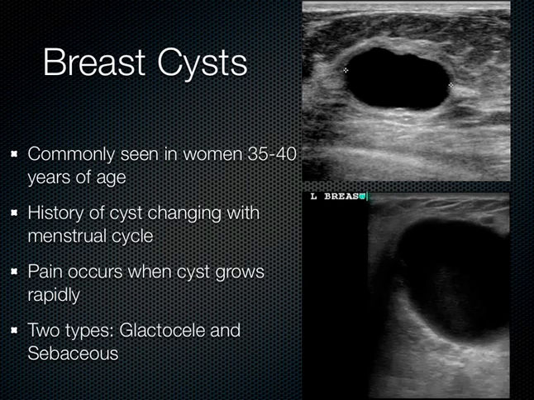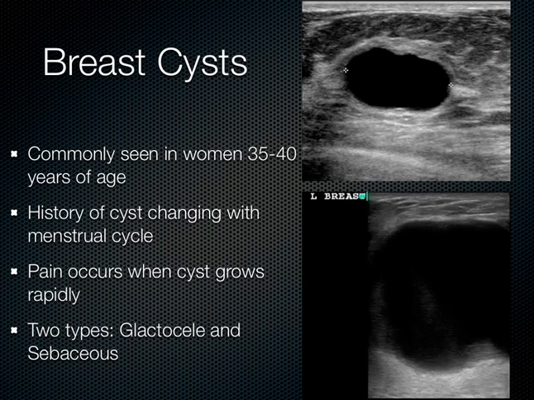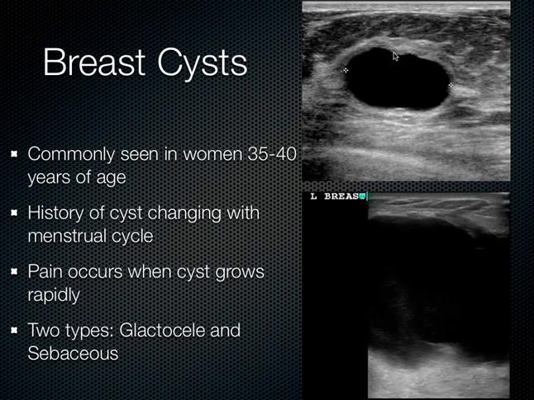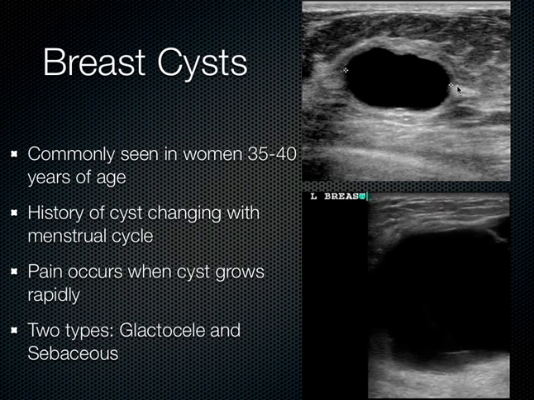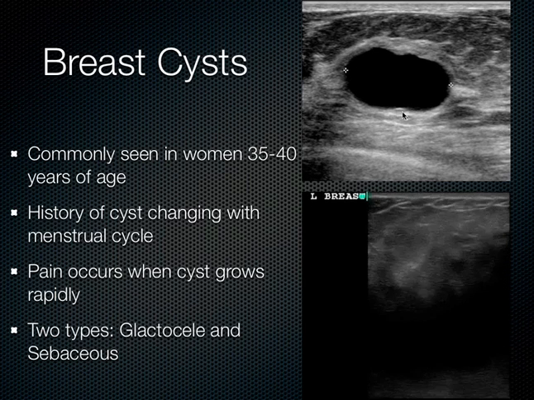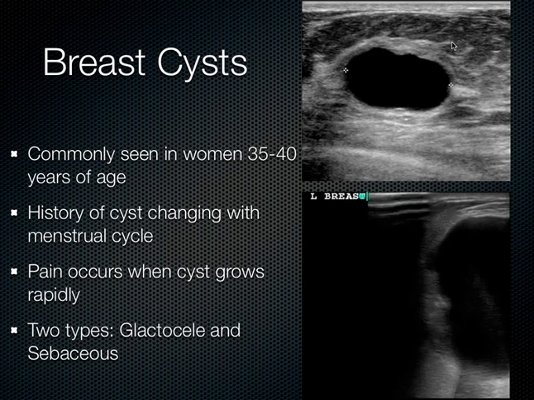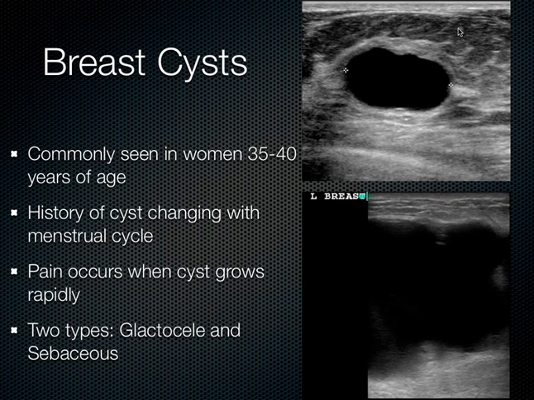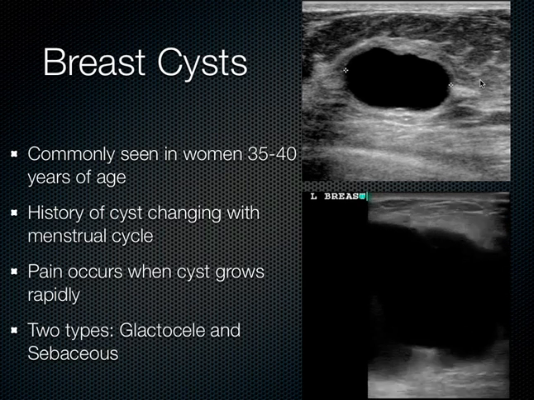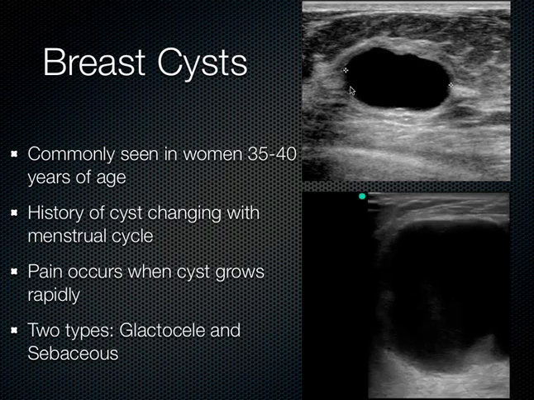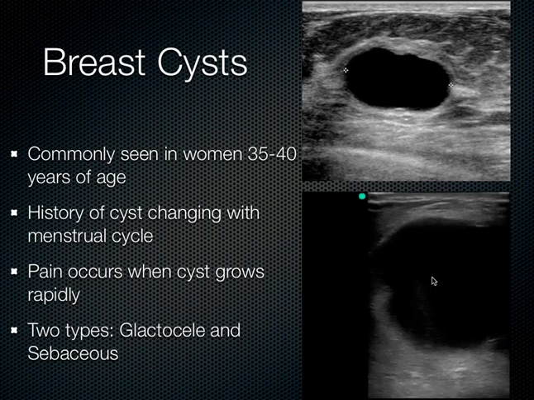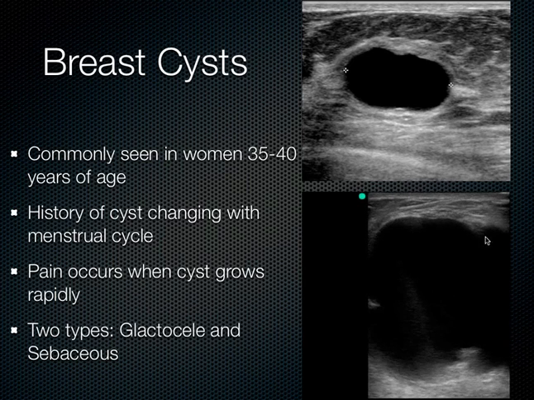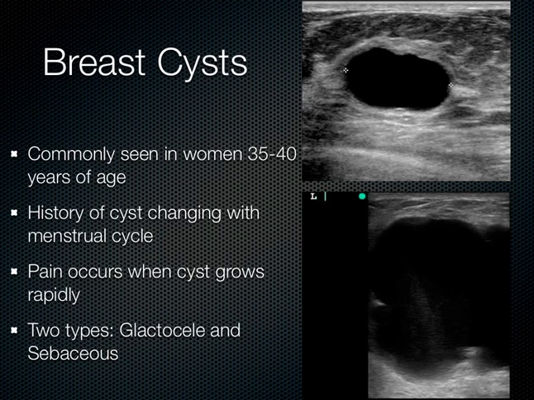Galactoceles occur when there's milk in the breast, but sebaceous cysts are the ones that occur when you're not pregnant or lactating. And so we can see here, this is that subcutaneous fat layer right here, and this is the mammary layer. And here's this cystic structure here. This is another large cystic structure seen down here on ultrasound. We were just fanning through this very large, simple cyst.